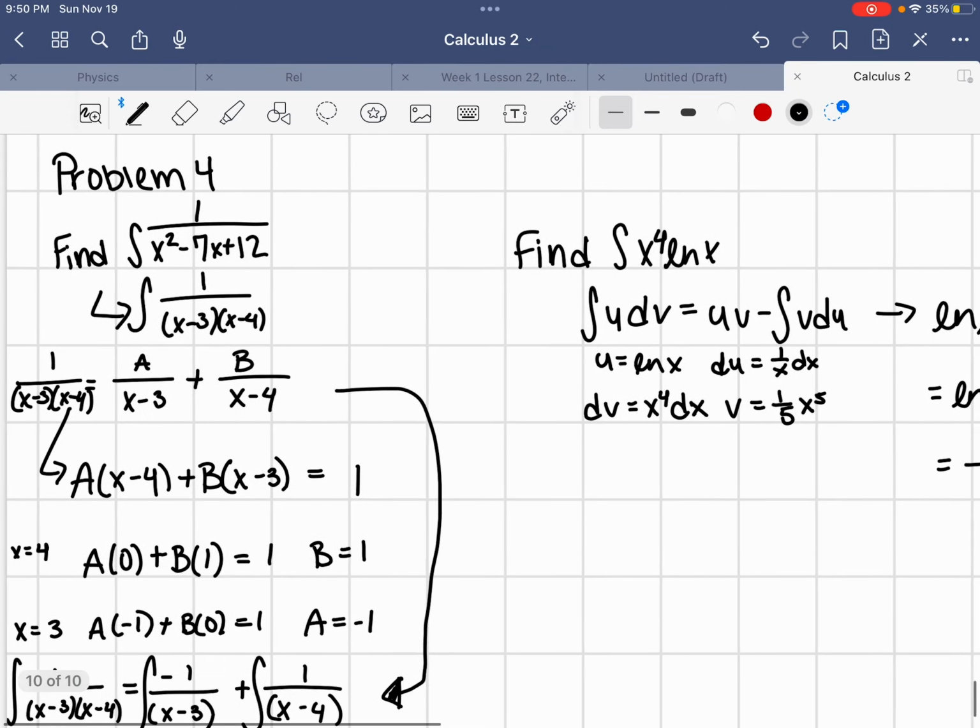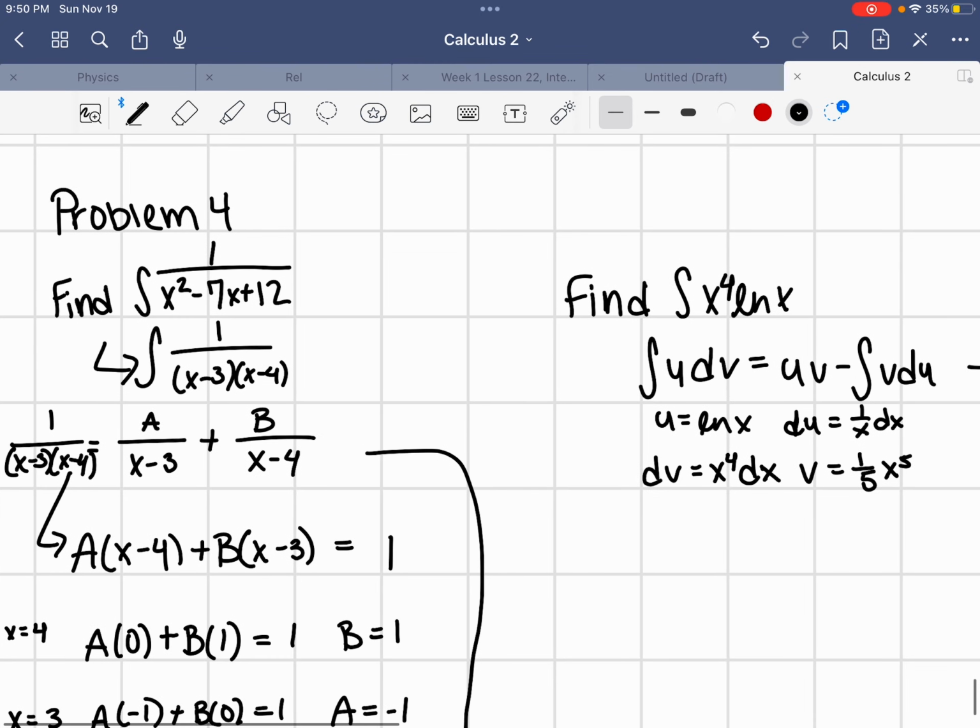Number 4 is using partial fractions and separation by power, so it gives us 2 of these questions in number 4.